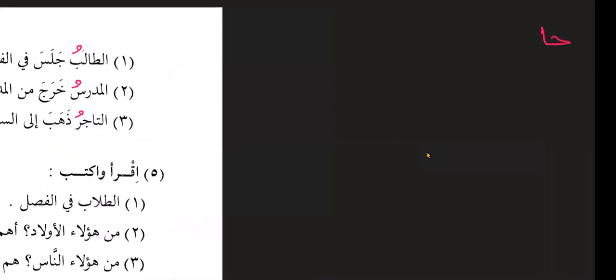Let's say, for example, we have jalasa. This is the way we generally practice it. We say jalasa, yajlisu, ijlis. That's the way we always say verbs.